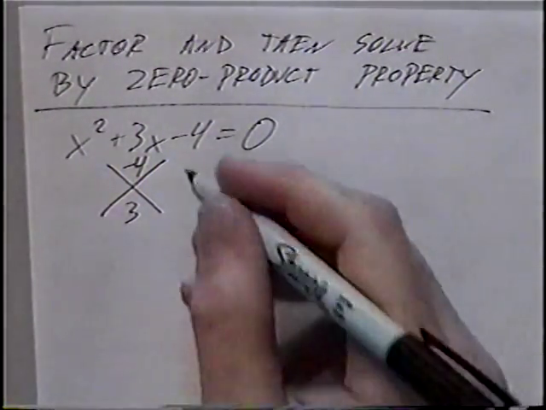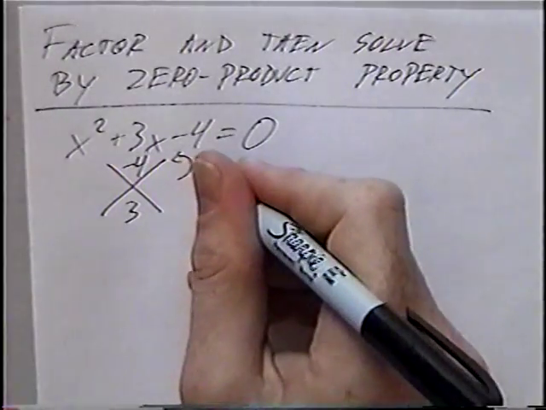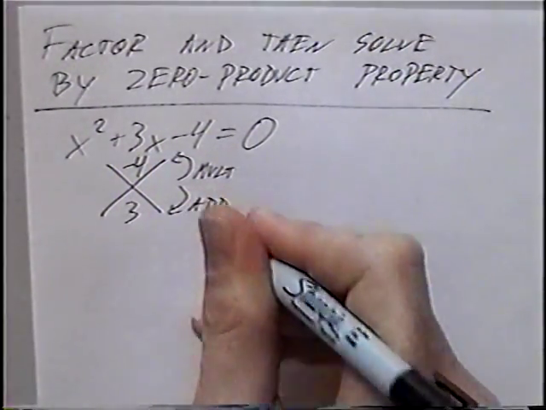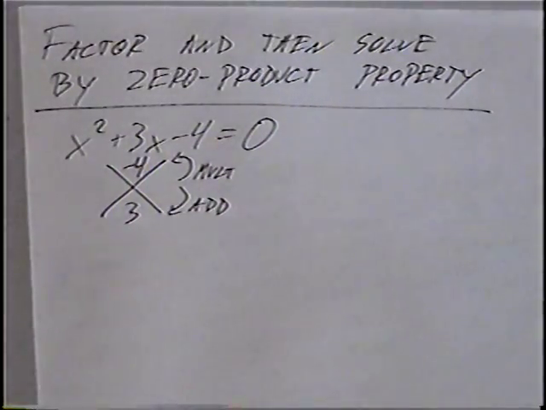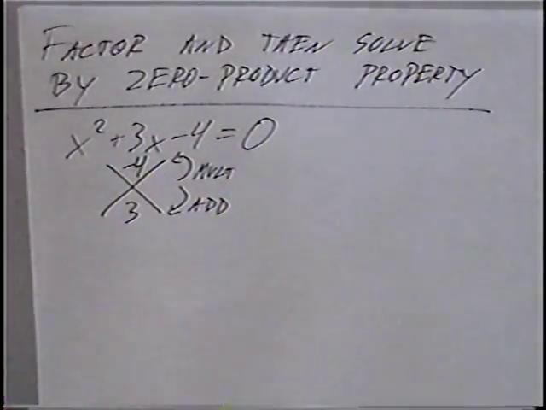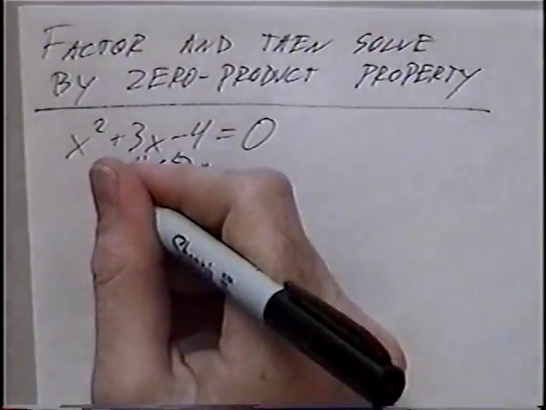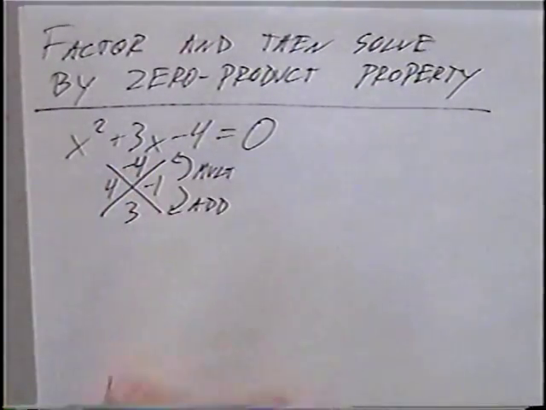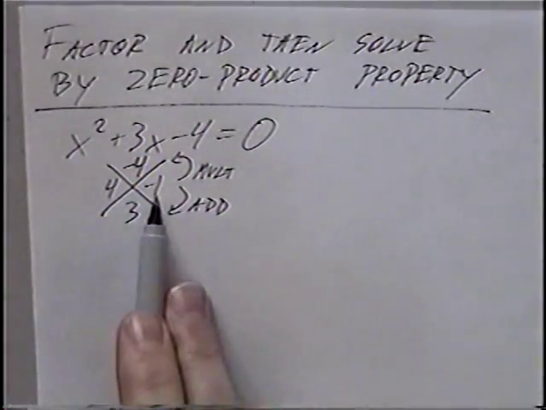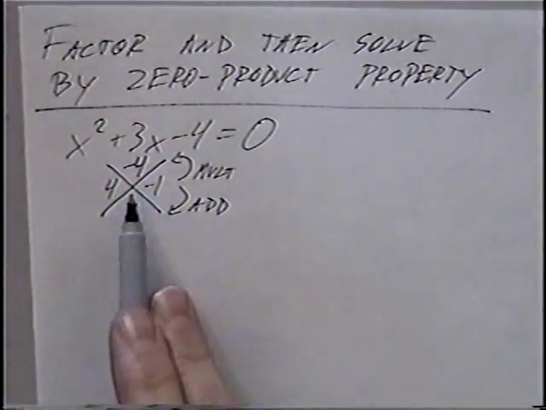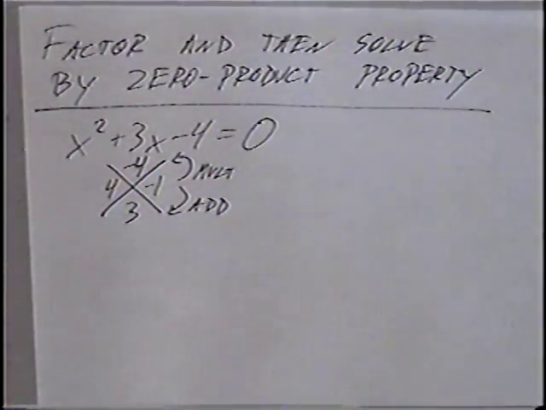We want to find two numbers that multiply to get this top number, and the same two numbers add to get the bottom number. So two numbers that multiply to get negative 4, and these same two numbers add to get positive 3. Those numbers would be 4 and negative 1. 4 times negative 1 would be negative 4, and 4 plus a negative 1, which is the same thing as 4 minus 1, would be 3.